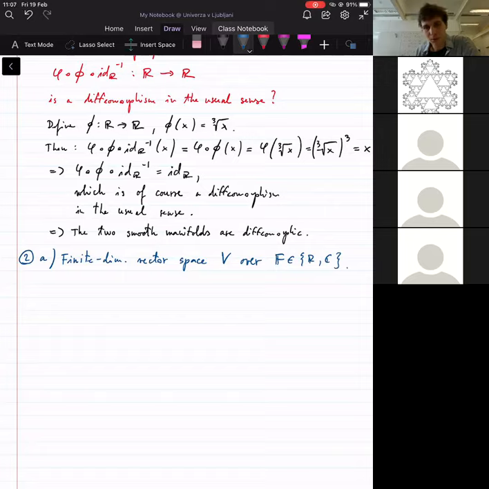So you need to construct a homeomorphism of some sort. And first you need to endow your vector space with a topology. How do we do all this?